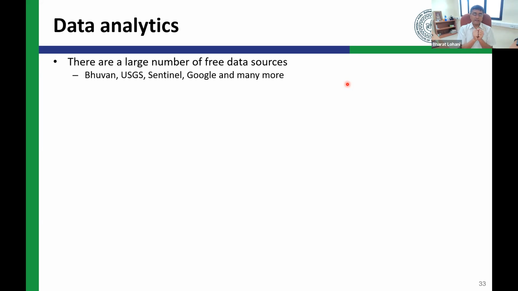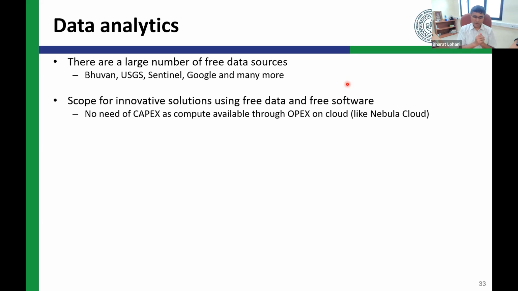Similarly, a large number of these datasets are now becoming available in the public domain, which was not there earlier. Now, with this data being available, what are the opportunities? The opportunities are in data analytics. So can we use this free data and our learning of the geospatial technologies and develop innovative solutions? And you will notice that there are many free softwares also available.